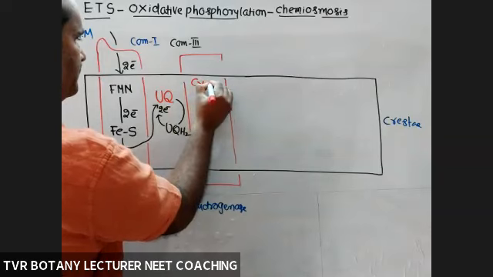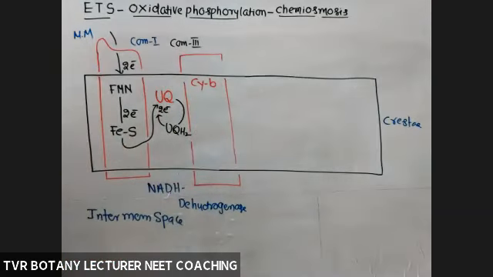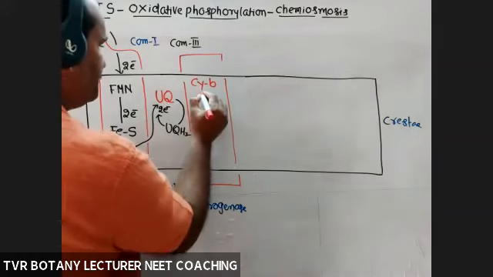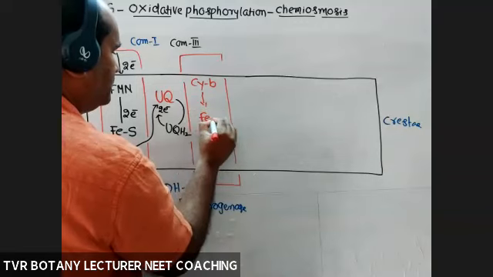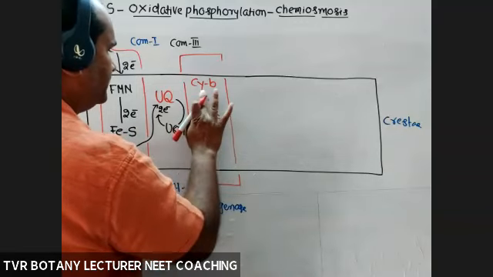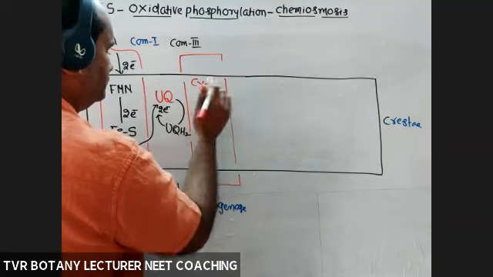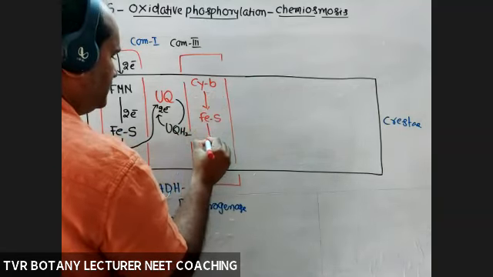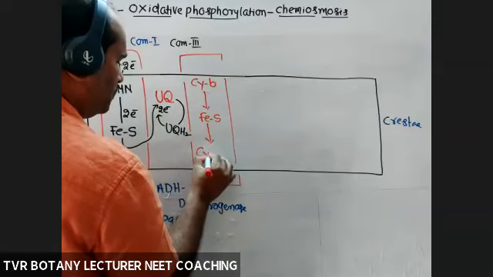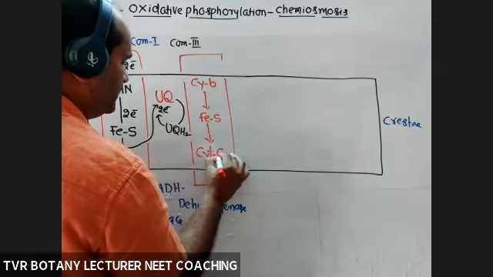Cytochrome B. Okay, next, a certain number of iron sulfur centers. Next, cytochrome C1.